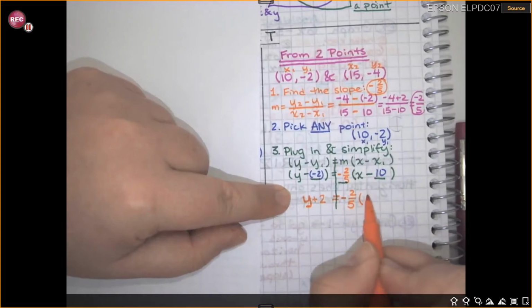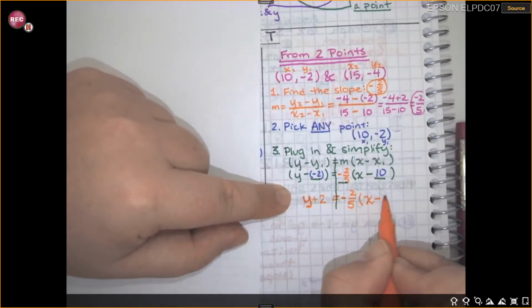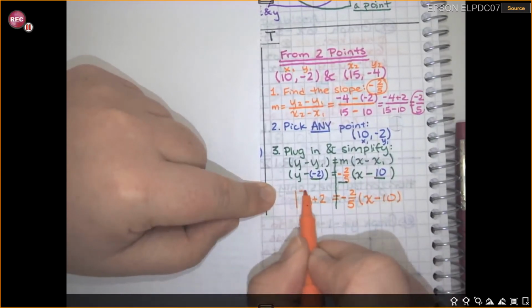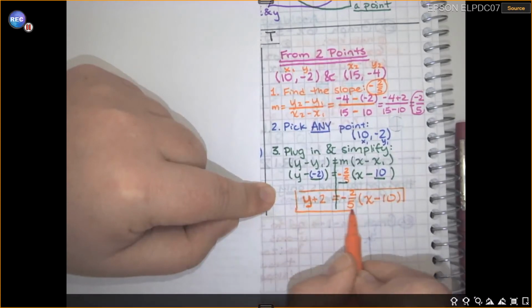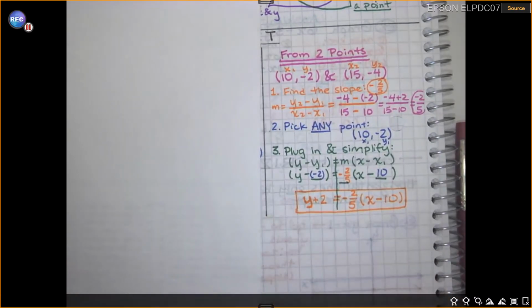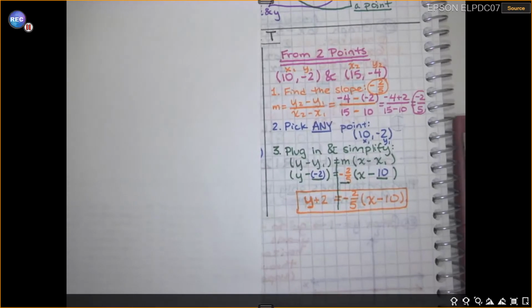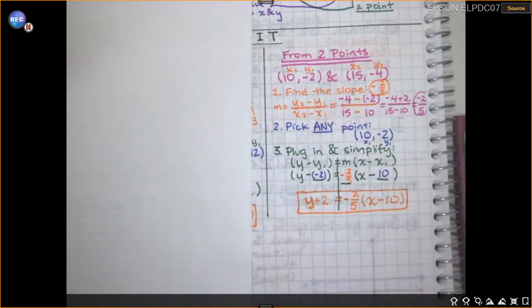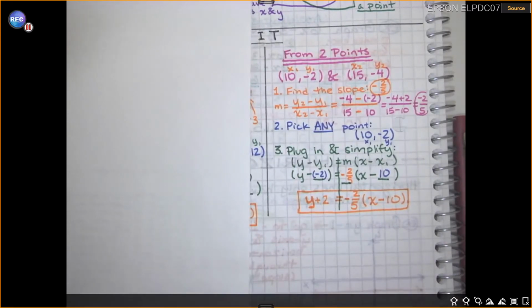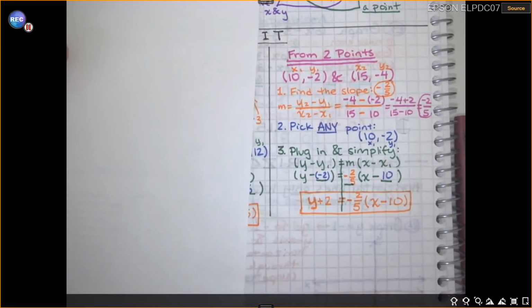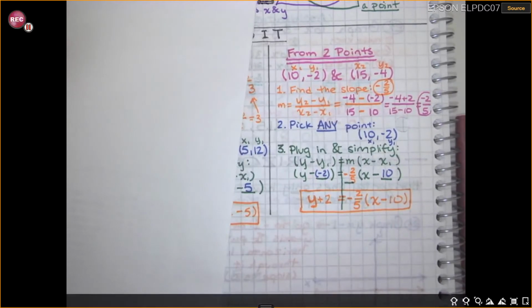And then here there's nothing to simplify, so parentheses x minus 10. Okay, so for slope-intercept form, you always have to find the slope anyway. So here I love that you can just pick any point that is on the line or given to you and put it right in. Next, we're going to go over some different ways to use point-slope form if you already have it.